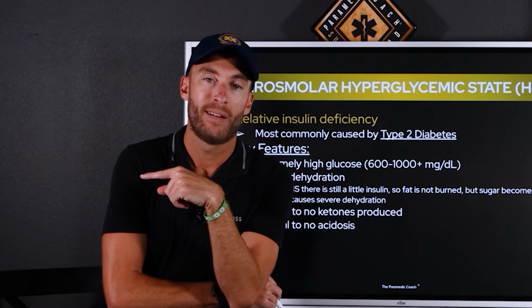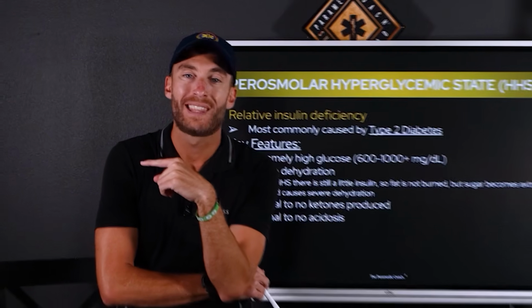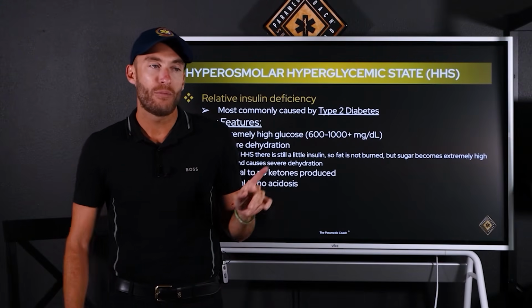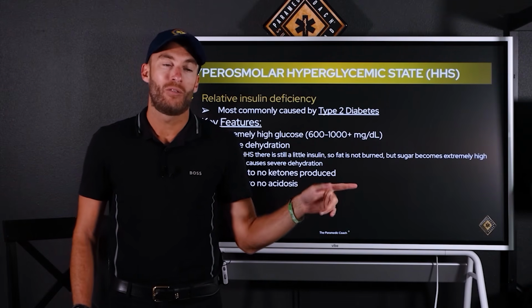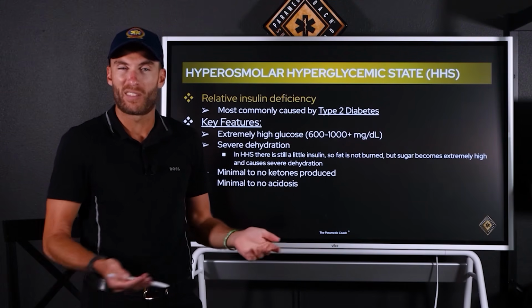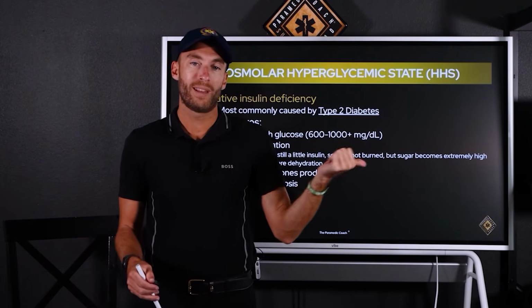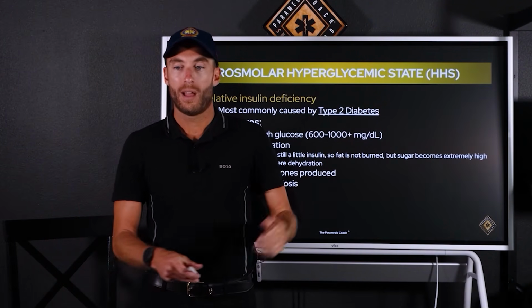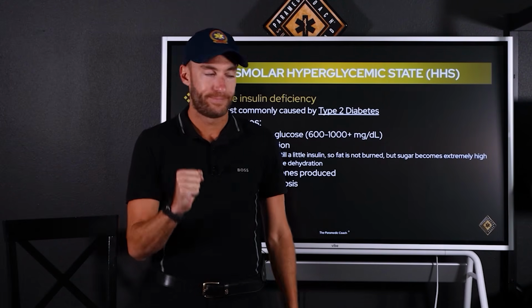Because type 1, they need insulin from an outside source. They don't produce any. If I'm just taking a diabetes pill, well, of course you're type 2, because you wouldn't last very long with no insulin. So one is a broken insulin glucose system, and one doesn't have any insulin, and it's been like that since they were a kid. Okay?